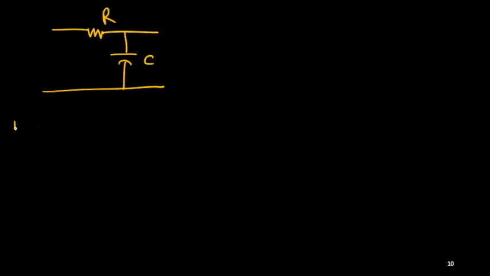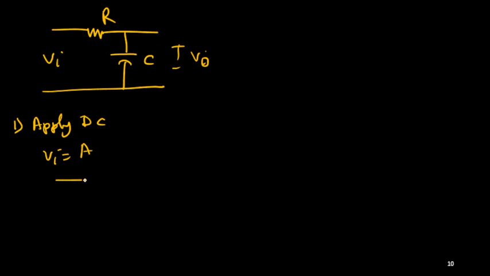So first case, apply DC signal. This is Vi, this is V0. If Vi equals a constant, some A, what is the corresponding output? To get the output, we replace this capacitor with an open circuit. We keep the resistance the same, but remove the capacitor, because we have said that with DC or low frequency, the capacitor can be considered as open circuit.